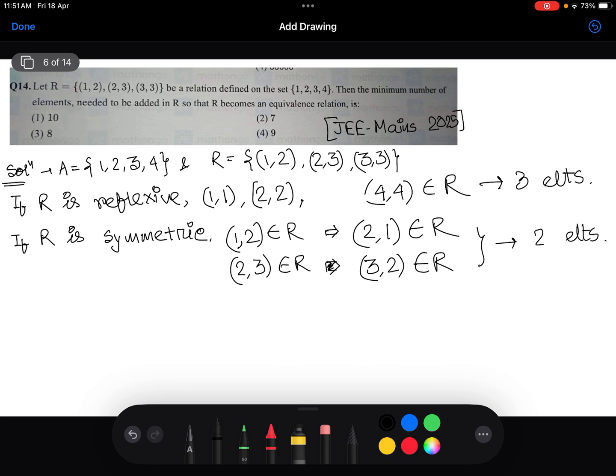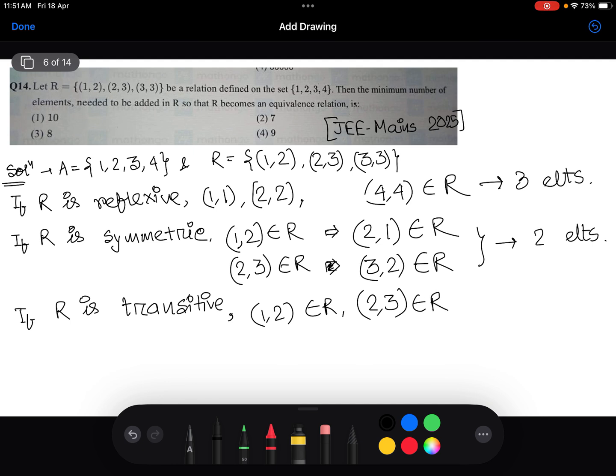Now if R is transitive, then we have (1, 2) in R, we have (2, 3) in R. Since we are taking that R is transitive, that implies (1, 3) in R. So you get one more element.